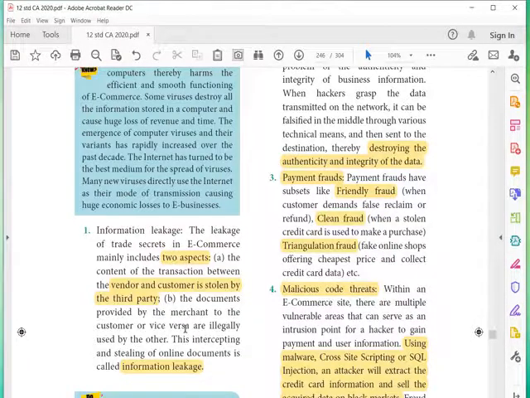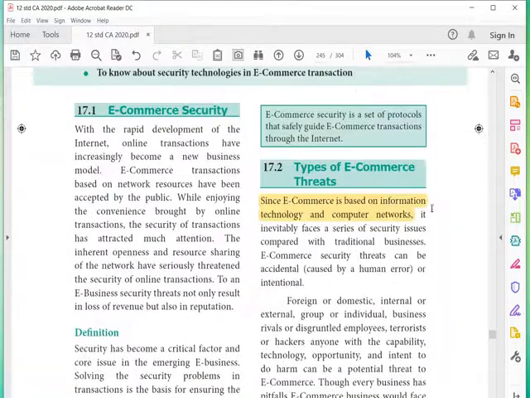These are the important security threats.